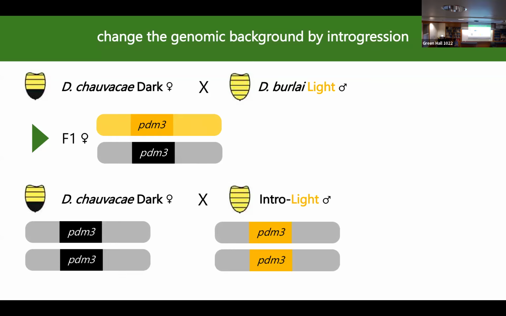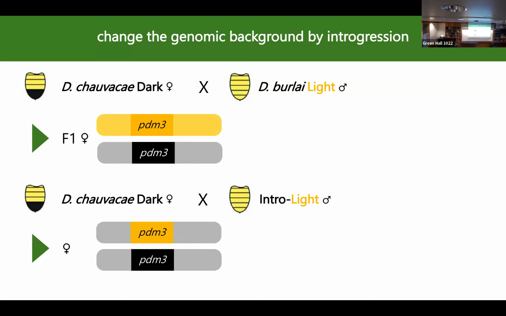And then in the next one, we cross the Shobaka dark strain with the introlight strain, and the progeny will have this genotype. At the PDM3 locus, the combination of PDM3 alleles is totally the same as in this cross. On the other hand, the genomic background will be very different.